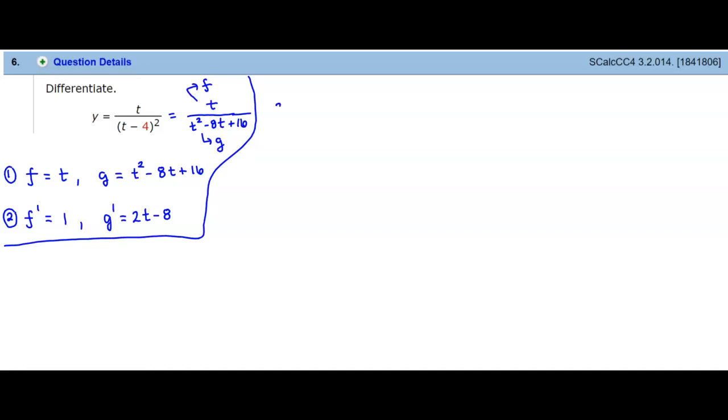Okay, now in step 3, what we want to do is find the derivative, y prime. Okay, so that's going to represent the following. It's going to be low d high minus high d low over the denominator squared. Okay, so let's go ahead and plug that in.